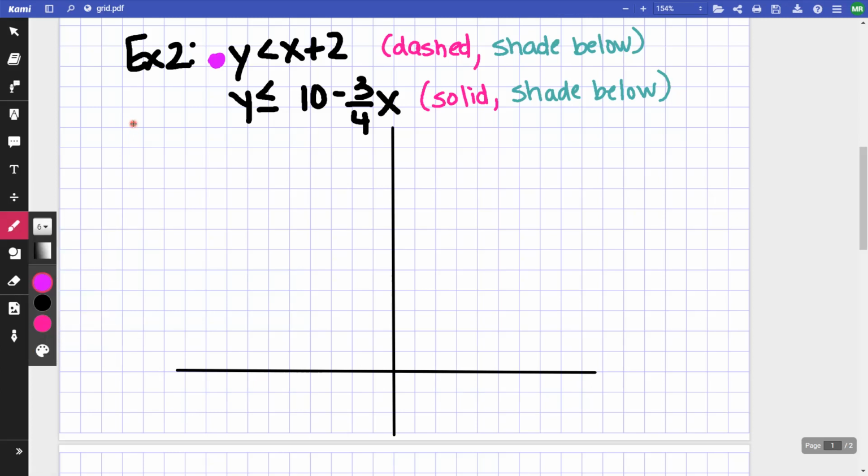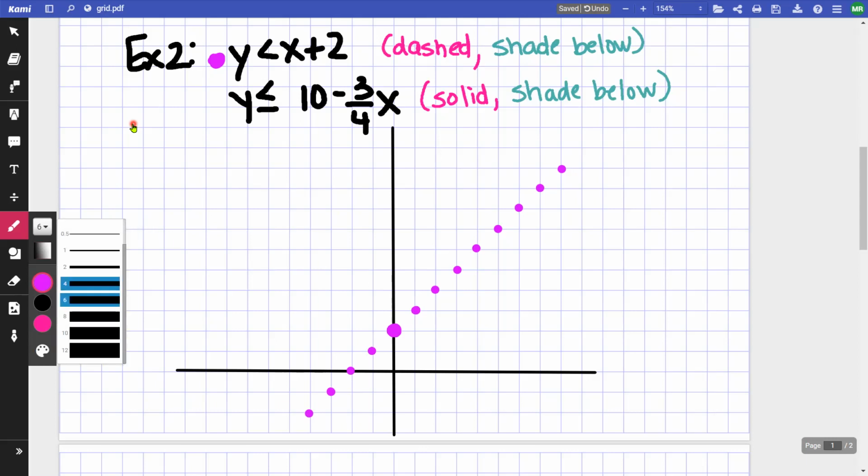Okay. So for that one, I'm going to have a y-intercept at 2. In front of my x is really a 1. So that means I'm going to go up 1, right 1, up 1, right 1. Okay. And then I can draw my line. My line is going to be a dashed line. So let me draw in my dashed line.